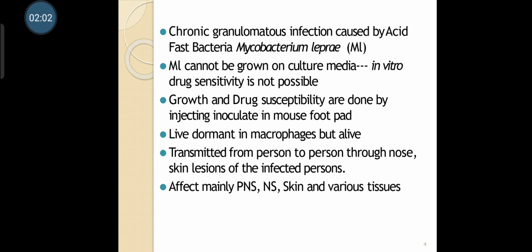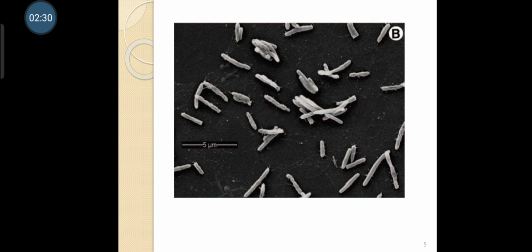So Mycobacterium leprae is the causative organism for leprosy, whose sensitivity is less in vitro because it cannot be cultured in vitro but can be tested through injecting in the mouse foot pad. It remains live or dormant in the macrophages, affects various parts of the body, and is transmitted through the nasal droplets and the skin lesions of the infected person.